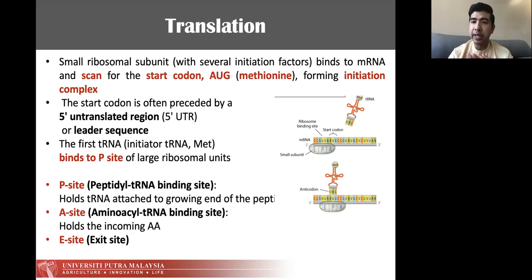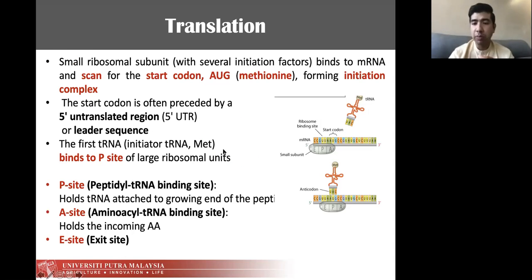You still remember your DNA transcription, whereby you require some transcription factors or protein factors, like I said, helper proteins for your RNA polymerase to bind. Same as your translation.